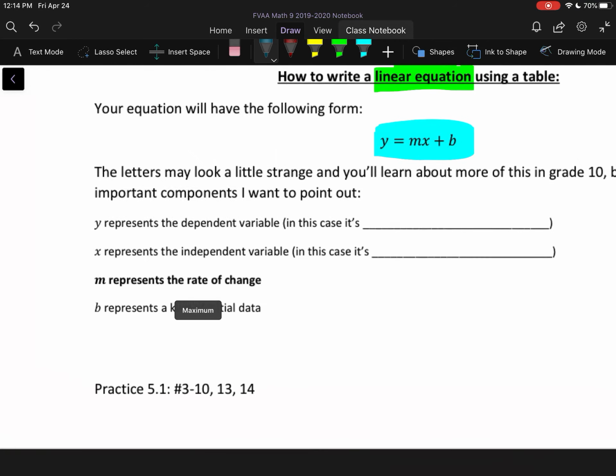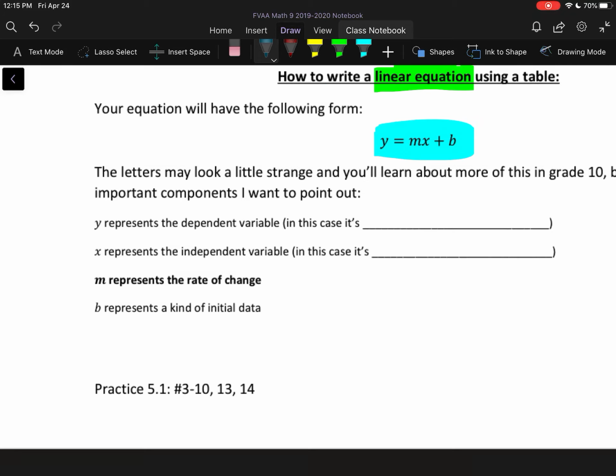First, let's start with the y. y represents the dependent variable. In this case, the dependent variable is the responding variable, or the one that's changing because of the other variable.